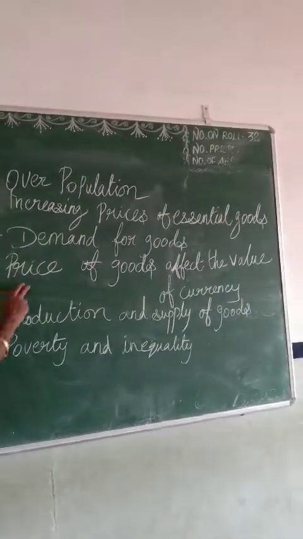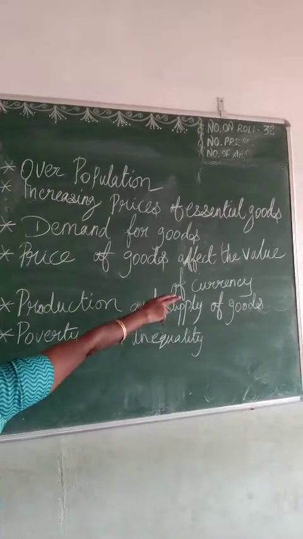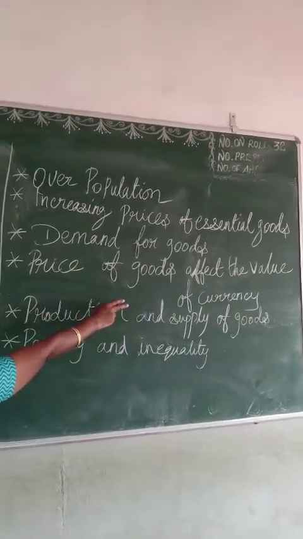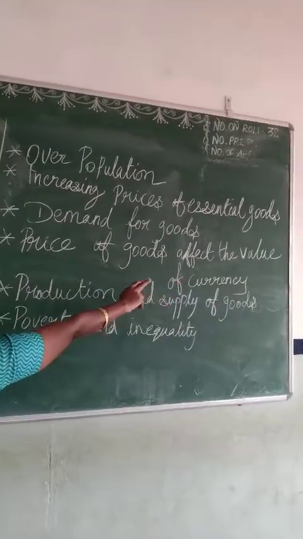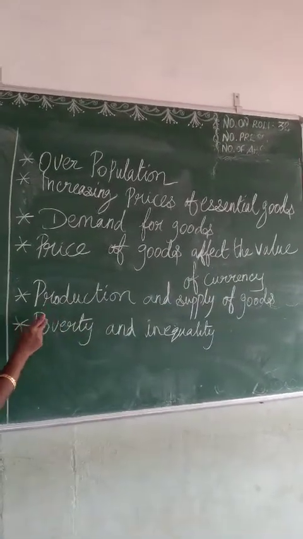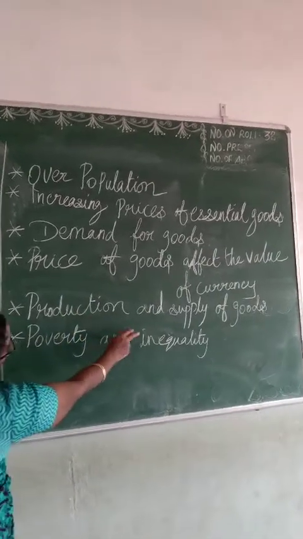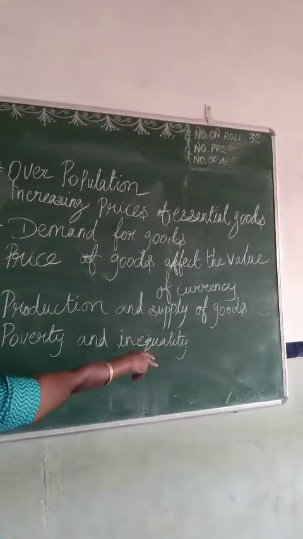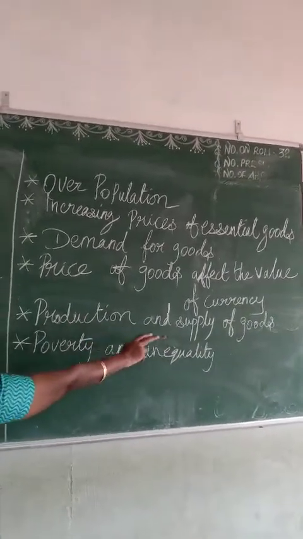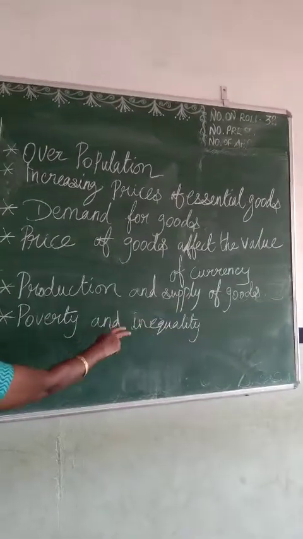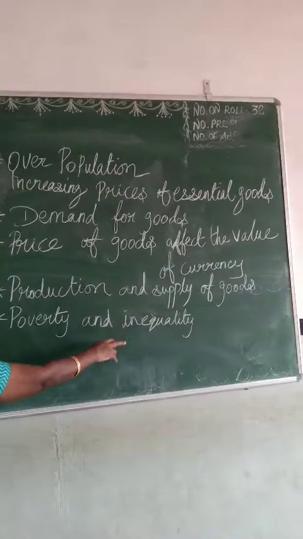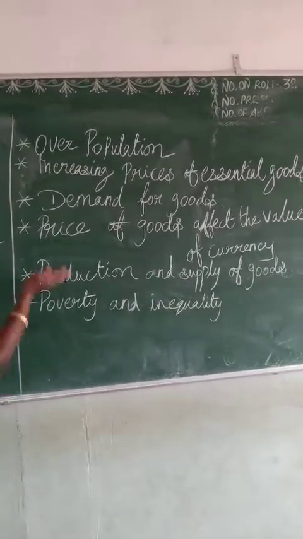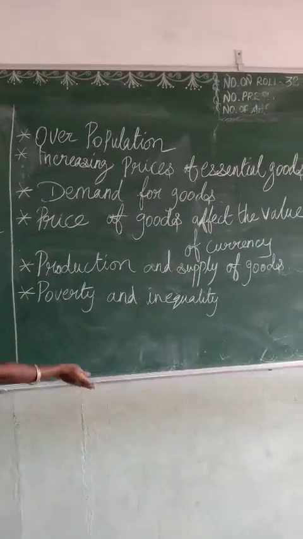Next, price of goods affects the value of currency. Next one, production and supply of goods. Last one, poverty and inequality. Now, one by one, we are going to learn.